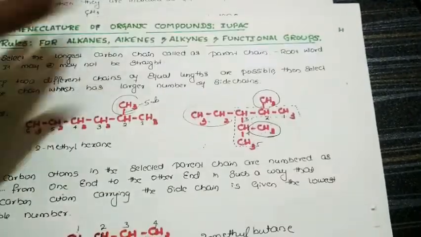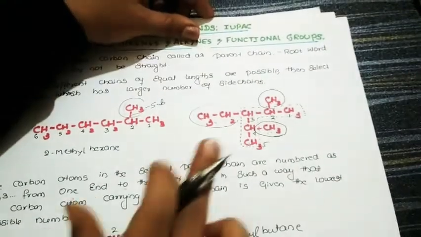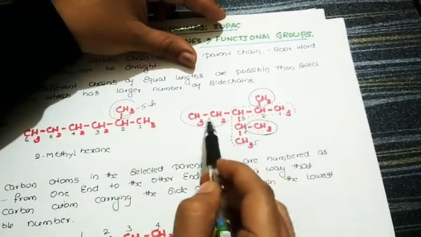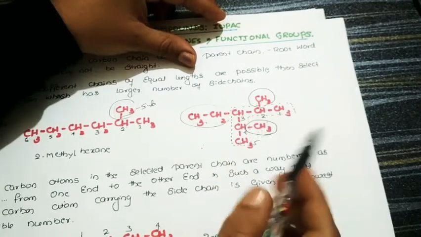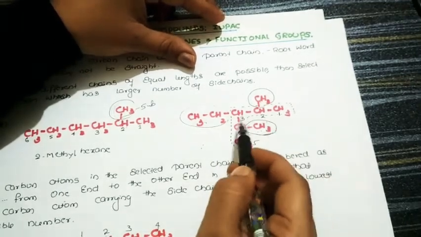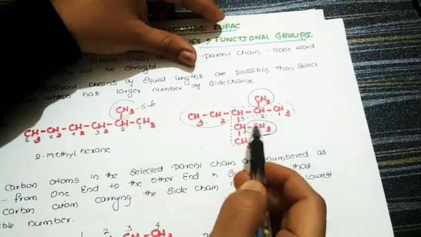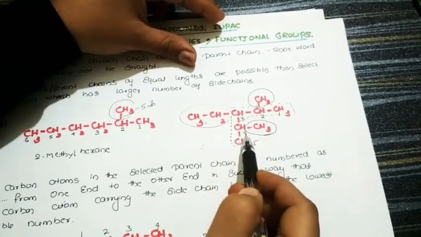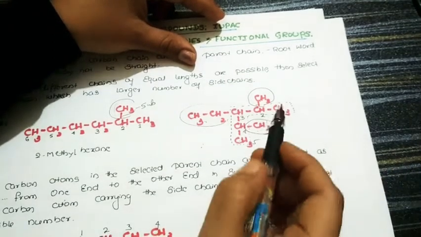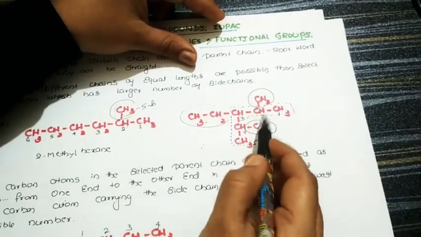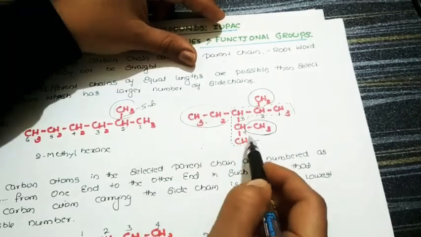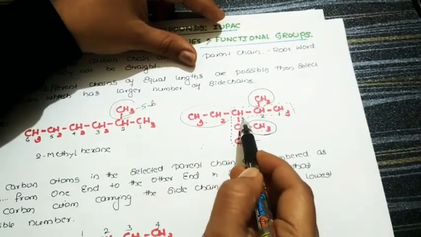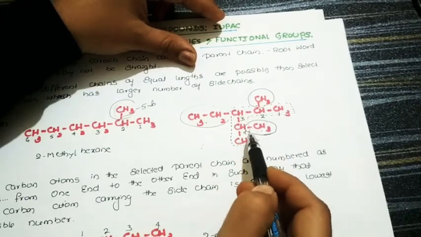Now here I am going to apply that rule we discussed at first. First thing, we have selected the chain which consists of more branches. So here I'll go with this one. We have to number in such a way that the sum of the locants should be less. So see here, second methyl, third ethyl, and fourth another methyl. So 2 plus 3, 5, 5 plus 4, 9.